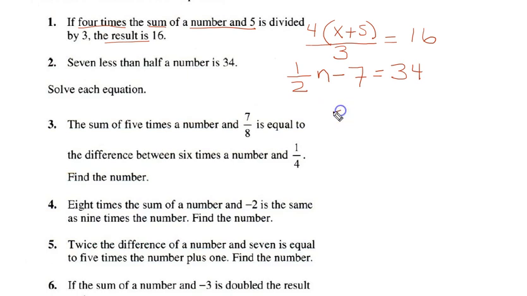So, 5 times a number, the sum of 5 times a number in this is equal to, there's our equal sign, the difference between, now this is going to be 6 times a number, but the difference, we need a negative sign, and 1/4.